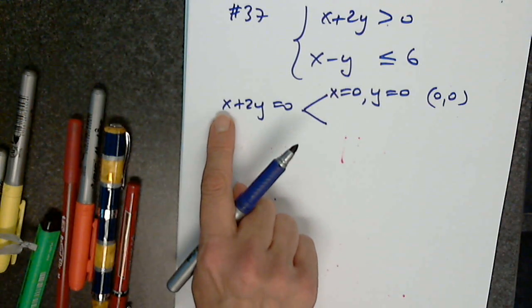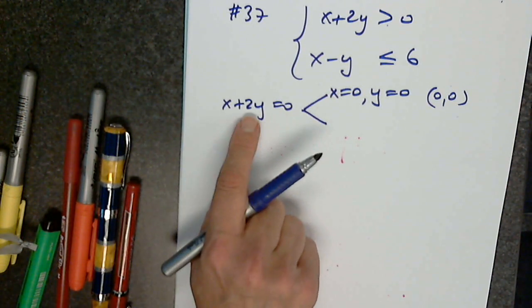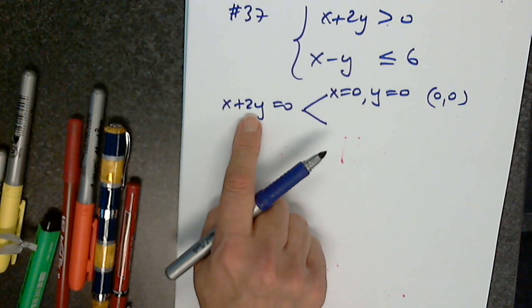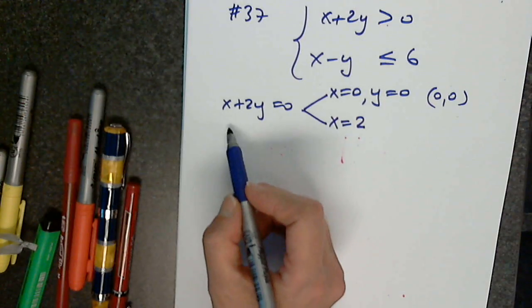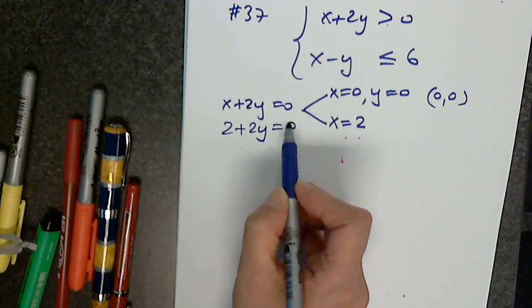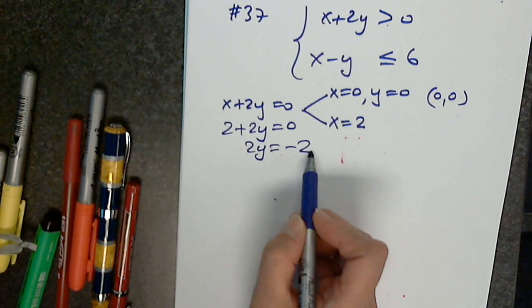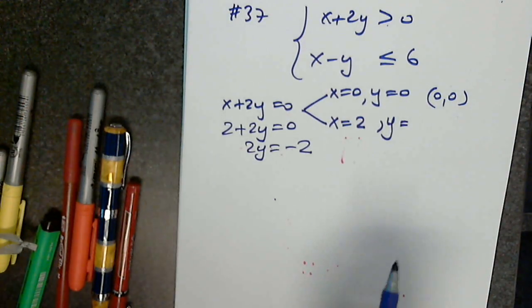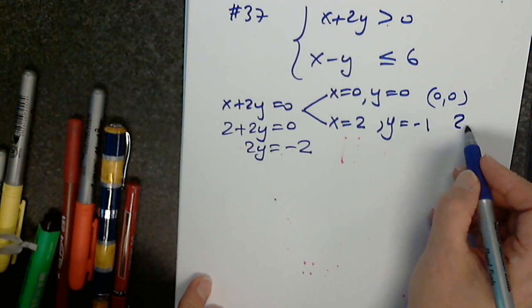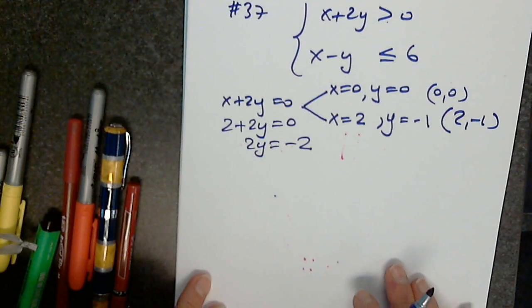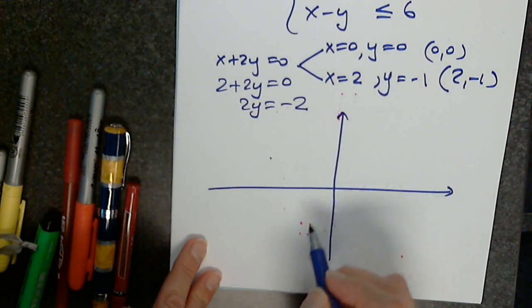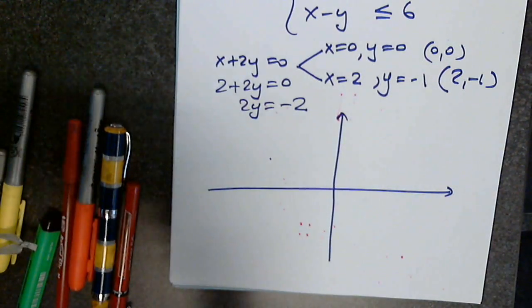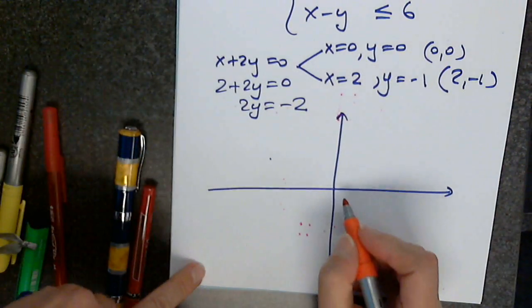If you choose 1, you move 1 and divide by 2, it's going to be negative 1/2. So, okay, x equals 2. Then 2 plus 2y equals 0, or 2y equals negative 2, so y is negative 1. So 2 comma negative 1. That will be our first step: 0, 0, and then 2 comma negative 1.